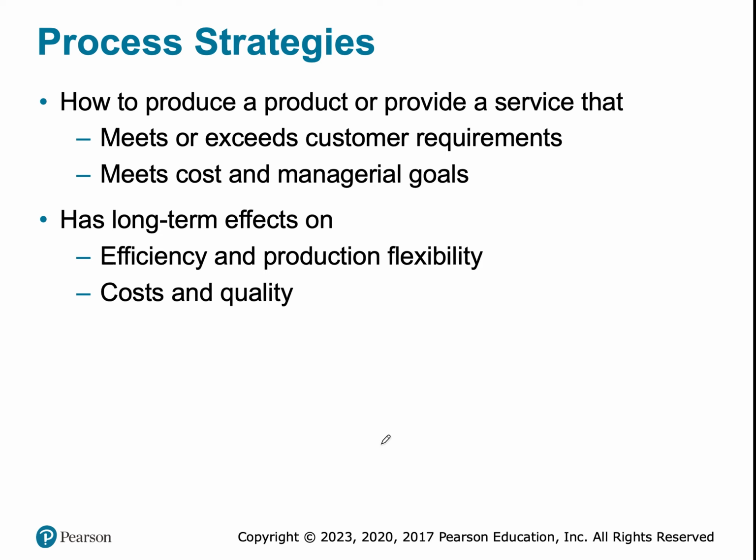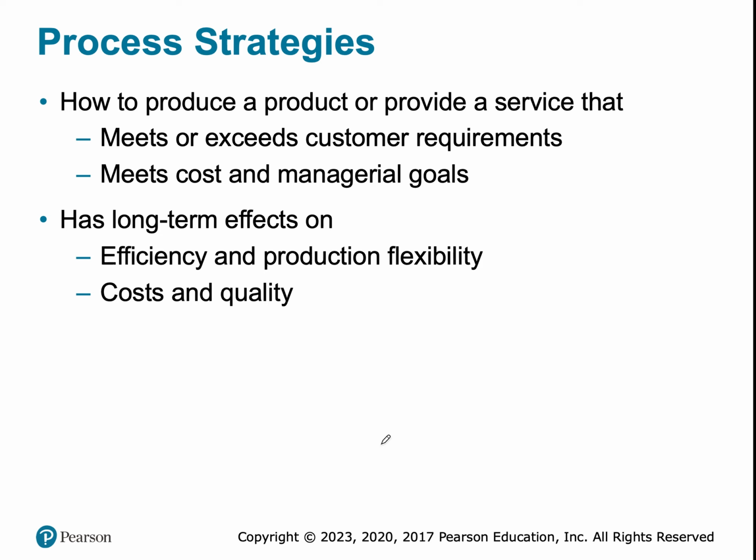So either you make a product or a service, whichever way, but you have to meet the customer's requirement or exceed it. That's number one. Another one is to produce a product or a service that meets the cost and managerial goals. You must meet the cost requirement and the managerial constraints and constrictions.